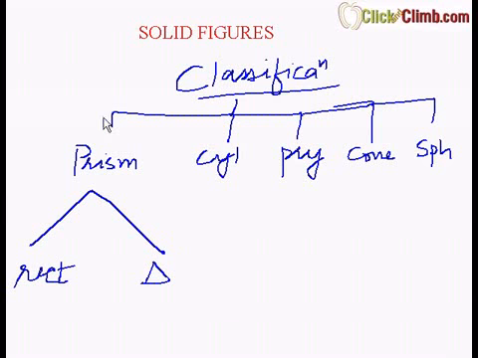So let's take prism. Okay, now we'll talk about the prism. Let's talk about the surface area of a prism. Okay, now what is the surface area actually? Now the surface area of a prism, we can denote it as S, and the surface area of a prism is the sum of areas of its faces.